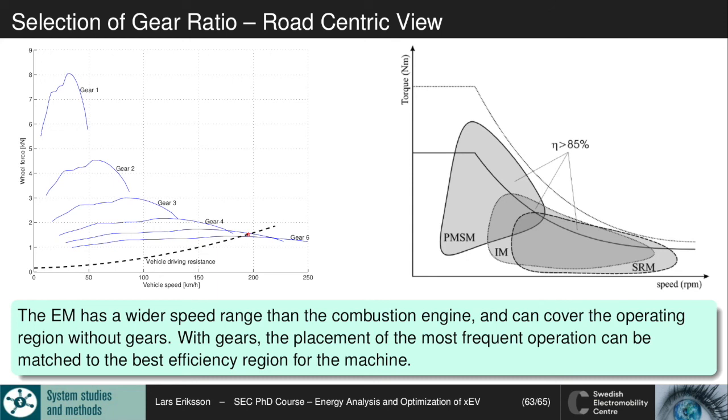So electric machines can cover the operating range without gears, but with gears we can also tweak the placement of the operating points inside the map, so that we fit the sweet spots where we do most of the driving, placing them in the highest efficiency regions of the electric machine.